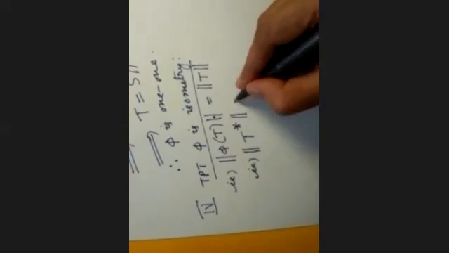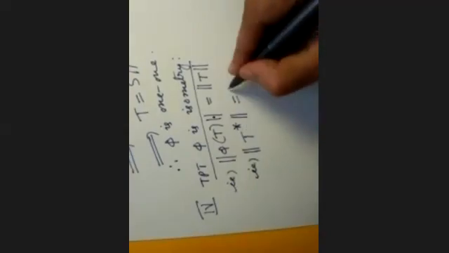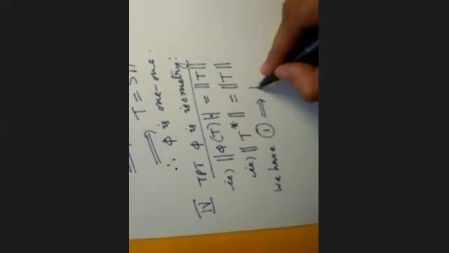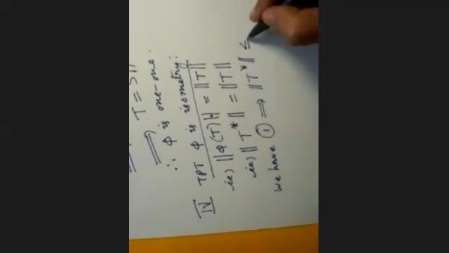It is T star, so norm T star equals norm T. We have already equation 1, which says that norm T star is less than or equal to norm T. We have already proved this. The only thing is we have to prove the other way.